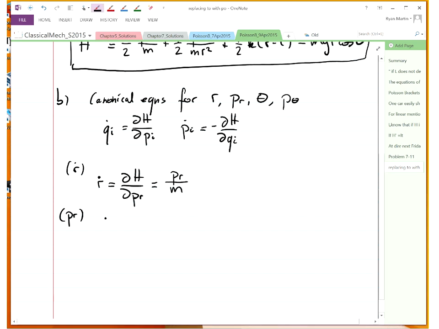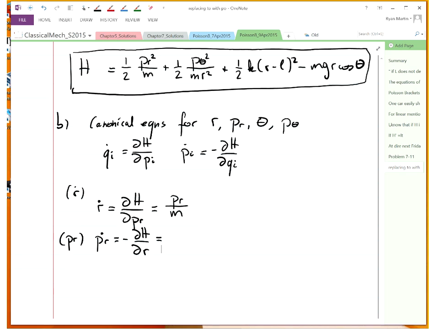Then we have the PR equation, so that's going to be PR dot. How does the momentum in the radial direction change with time? That's minus ∂H/∂R. Okay, so I look at my Hamiltonian.